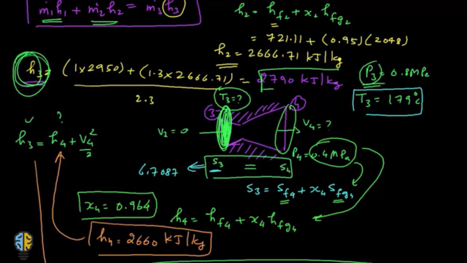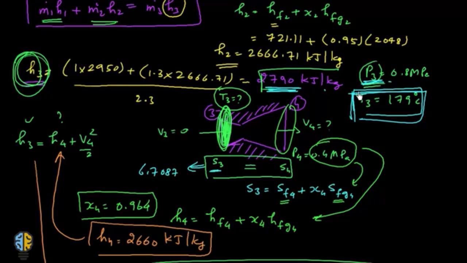At state 3, this is the enthalpy and this is the pressure. Corresponding to this pressure and this enthalpy, you have to find out approximately which temperature it corresponds to. As per my steam table, it comes to about 179 degrees Celsius, which is still in the superheated range of the steam.